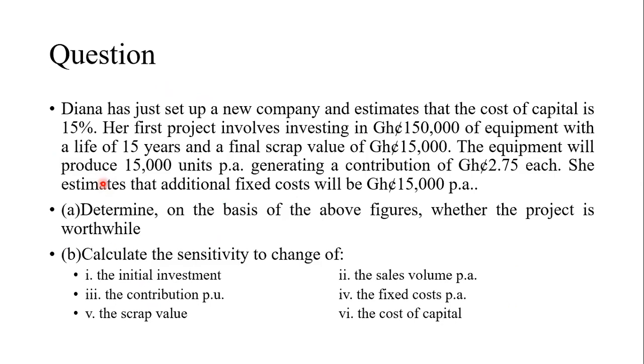Now, the good thing is that we're told that the equipment is going to produce 15,000 units per annum. So for each year of the 15 years, we're going to produce 15,000. It makes things simple. And then a contribution of 2.75, right? She estimates that additional fixed cost will be 15,000 per annum.